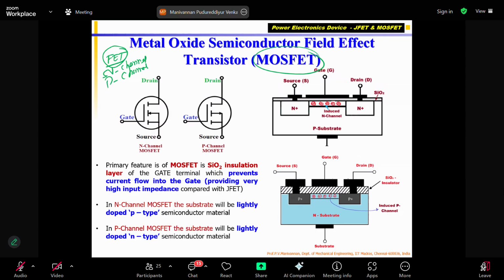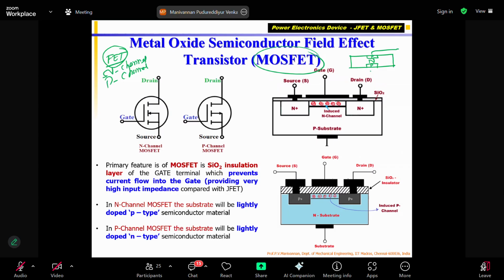So if I say N-channel FET, it is made of N-type material. I have an N-type material bar, on which two P materials will be doped, wells created.